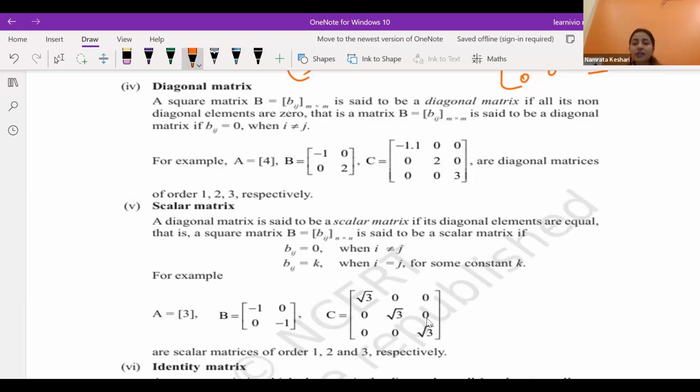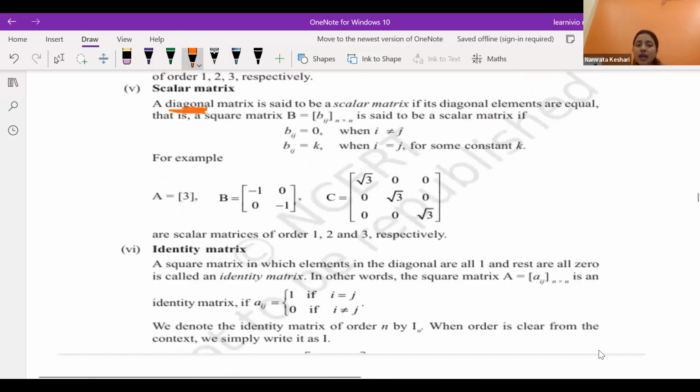Whatever the diagonal elements are, 0 or not 0, it's completely fine. Now a scalar matrix is basically a diagonal matrix where all the diagonal elements will be the same.